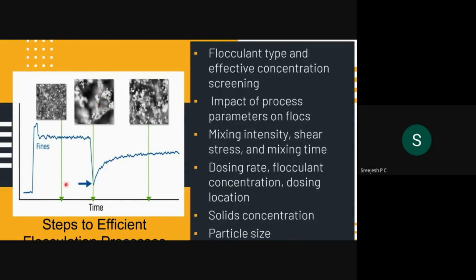Remember, during macrofloc formation, we are adding the flocculant and also doing gentle mixing. But when the mixing speed, the agitation speed, is too high, or when the duration is too long, the mixing can also lead to breakage of these flocs.